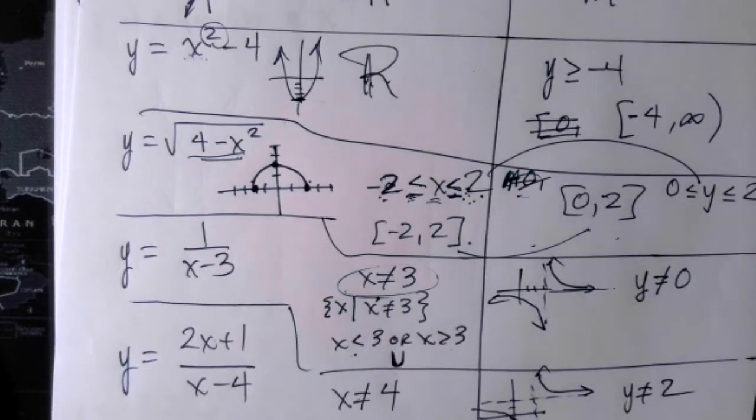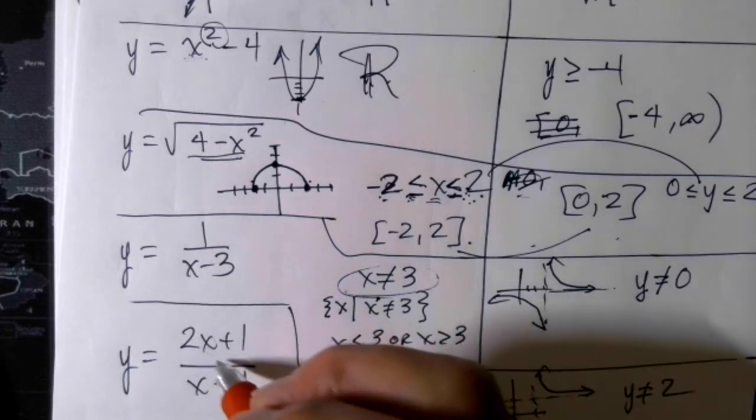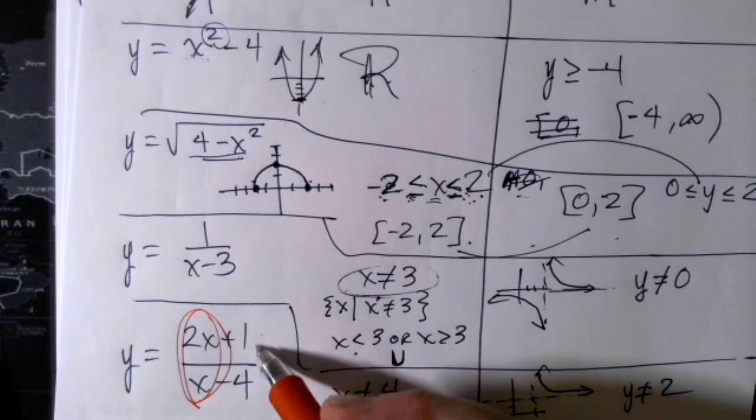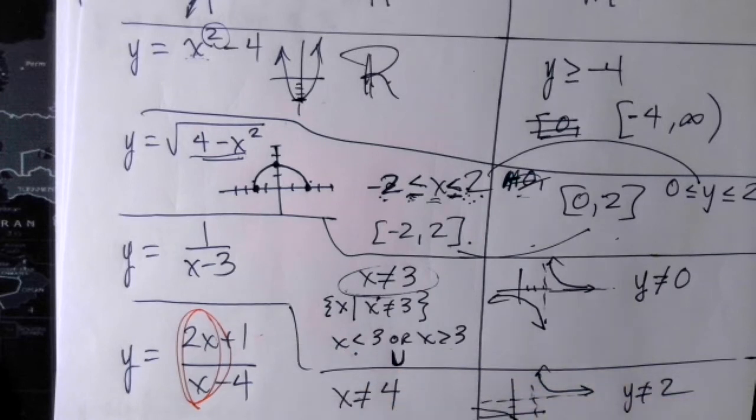Now the question is, how did I know that? Okay, it turns out as x goes way, way, way to the right, these two terms take over, and the +1 doesn't mean so much, and the -4 doesn't mean so much. Like when x is 1,000,000, this is going to be 2,000,001, about 2 million, and this is going to be 1,000,000 minus 4, about 1,000,000, and about 2 million divided by about 1 million is going to be 2.